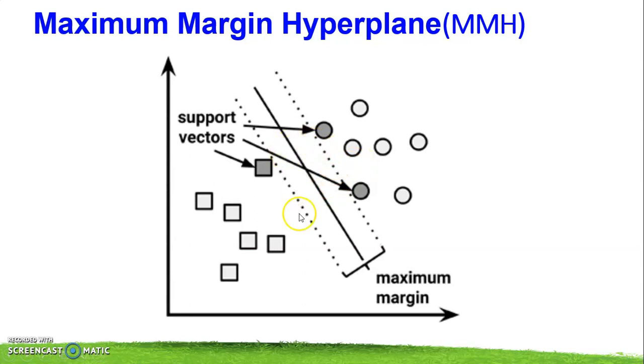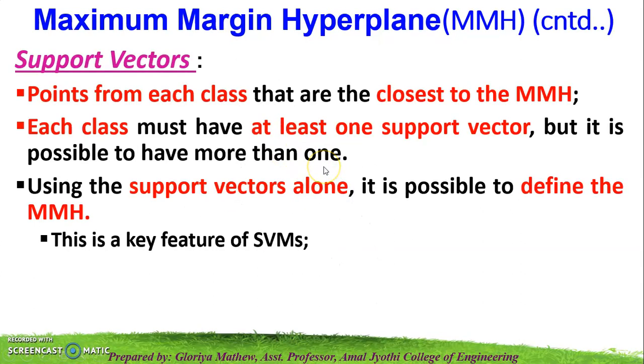And we can see in this figure that the objects or examples which are closest to the maximum margin hyperplane are known as support vectors. In this diagram it is clearly indicated. The support vectors are nothing but the examples or objects which are closest to the maximum margin hyperplane.